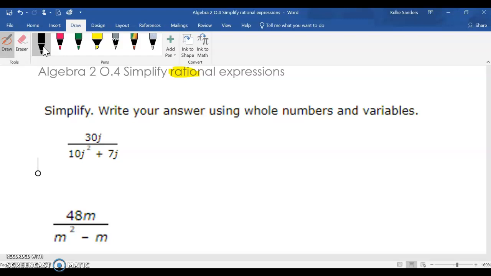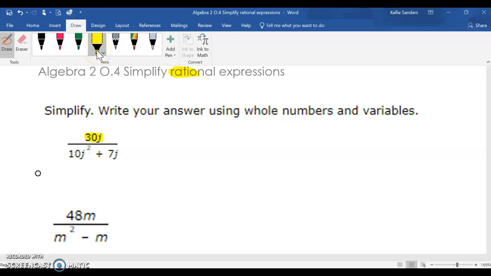Okay, so on the first one, there basically are two ways of looking at this. I'm going to do it the easier way first, but you're not always going to be able to do it this way. And then I'll show you the factoring way, and factoring is always the safest way of doing it. So on this, we have three terms.